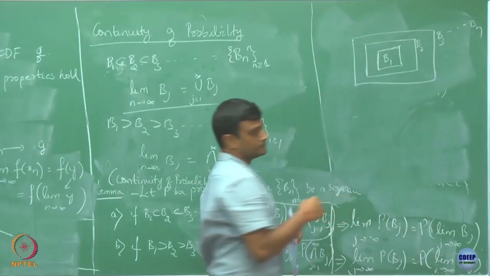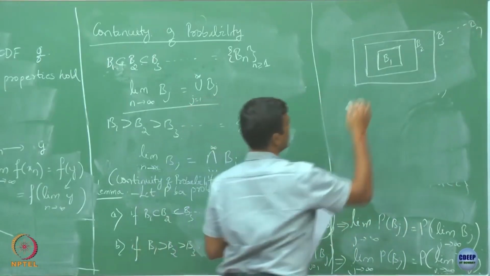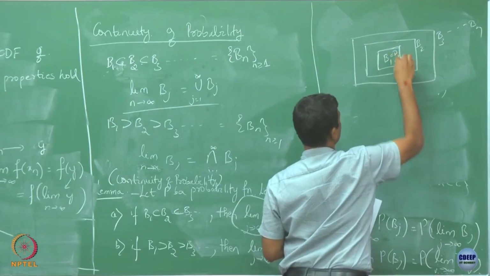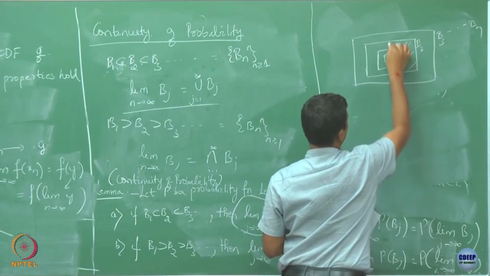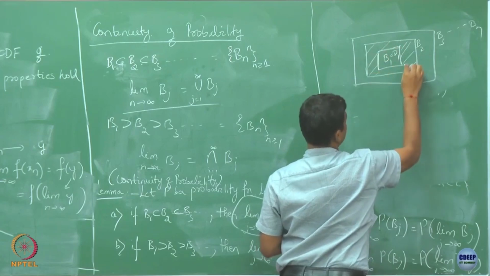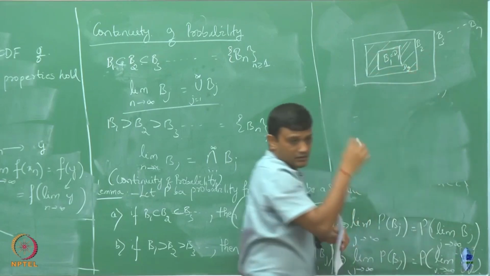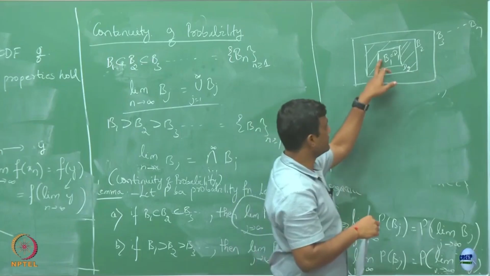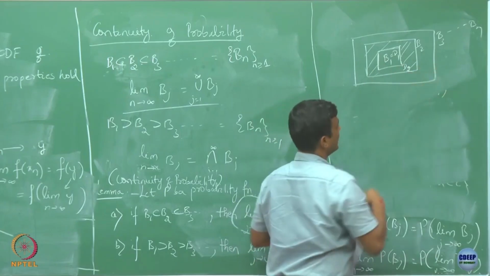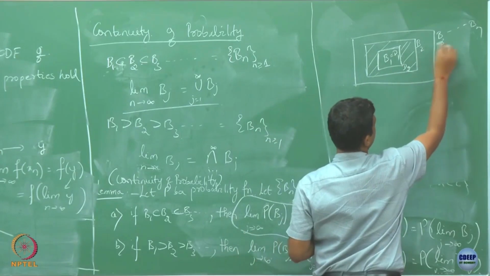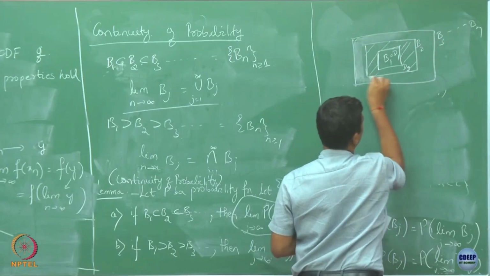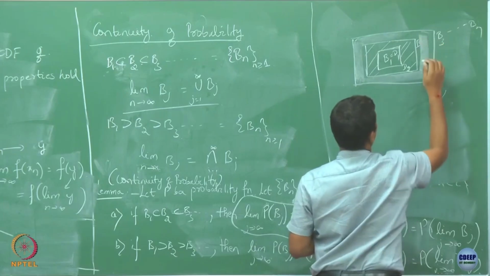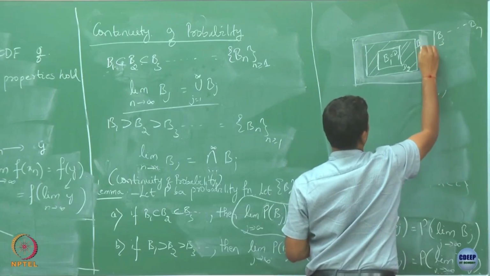So now I am going to define this to be D1 and the difference here to be D2, whatever that is there between B1 and B2, and similarly what is there between B2 and B3, let me call that D3.